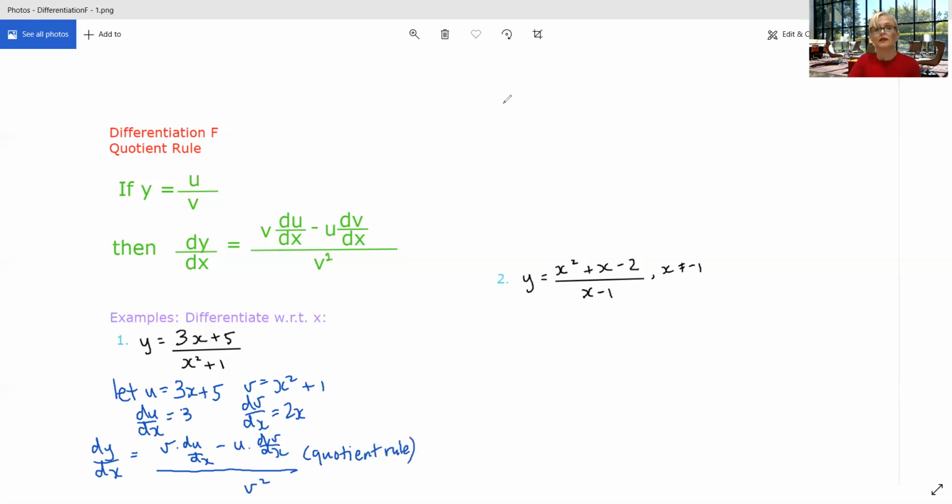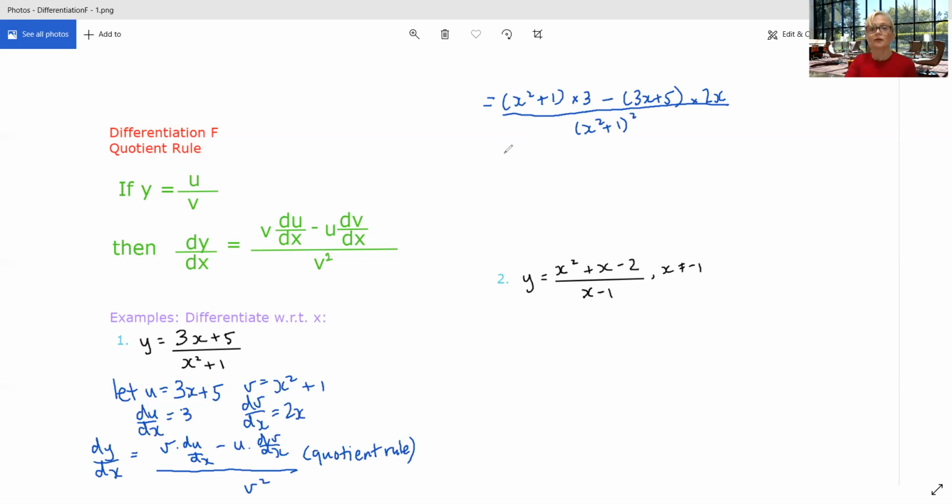We're going to move up here now. So v is x squared plus 1. du/dx was just 3, minus u is 3x plus 5 and dv/dx is 2x. So we're going to get all of that in our numerator over v squared, which is x squared plus 1 squared.